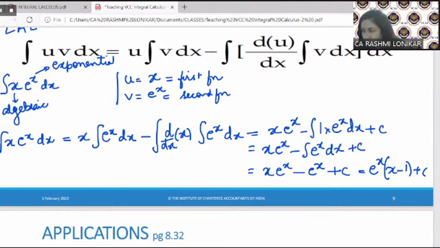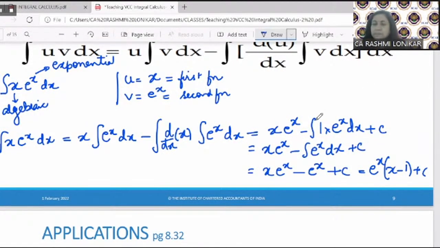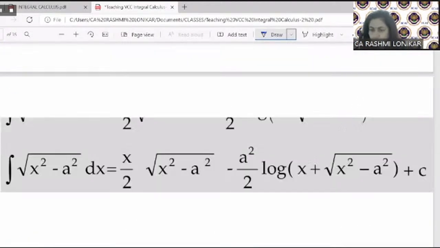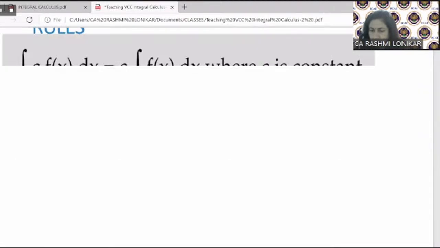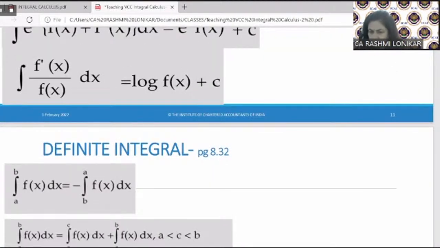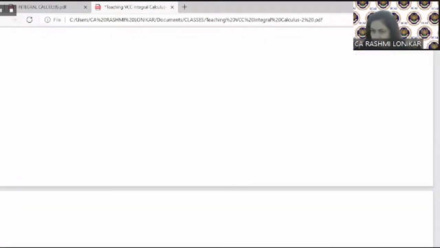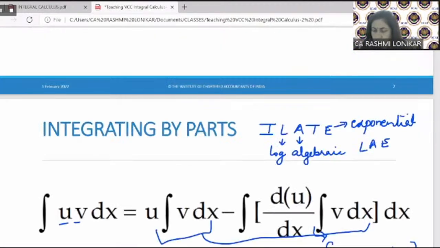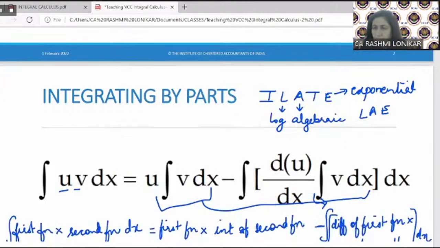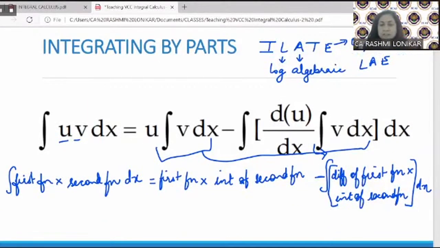So I hope you've understood this. So I will just repeat it for all of you. So what is the rule saying? Rule is saying that when I am integrating integration of u into v, I have u into integral of v minus integration of d by dx of u into integration of v dx.